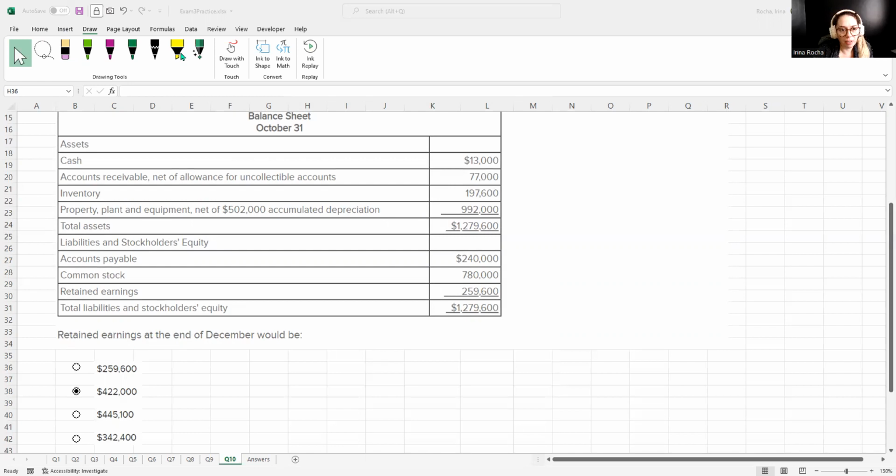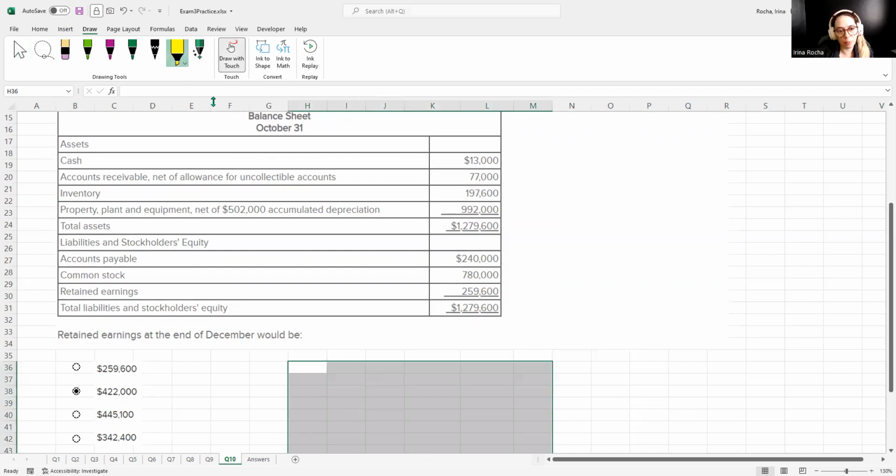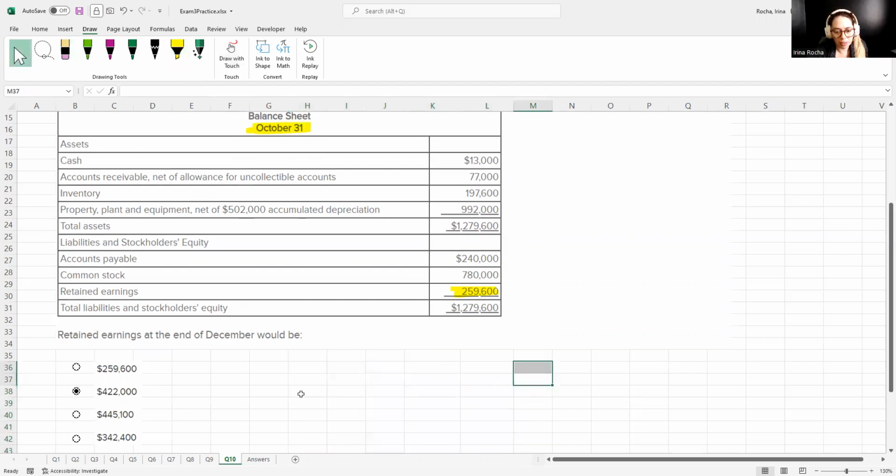What we have here is information of our retained earnings at the end of October. So we have to carry it over to December. But what affects retained earnings?